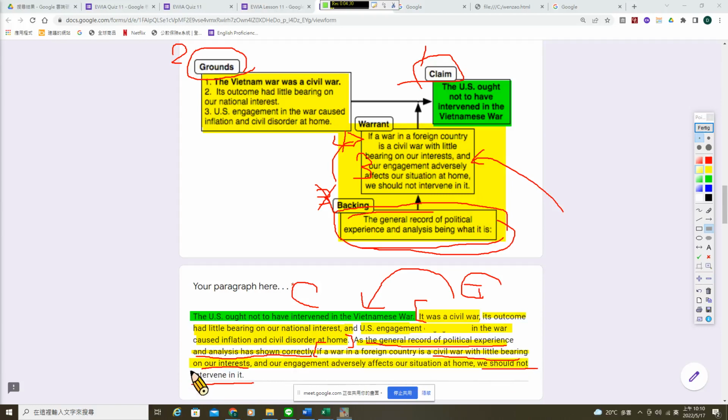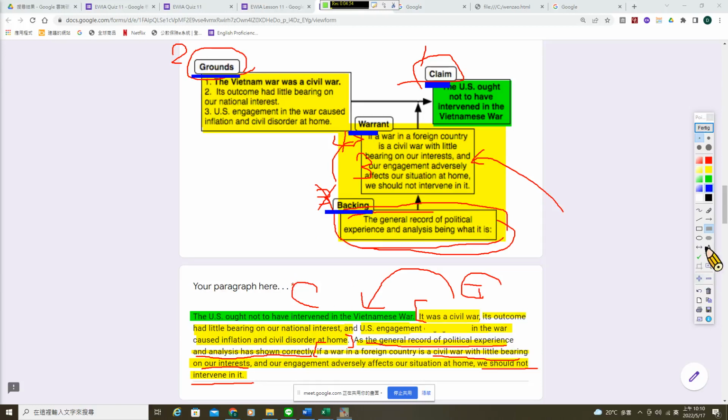So let's take a look. In this very tiny paragraph, the structure is still the same as the Toulmin model, just without rebuttal and qualifier. We start with the claim and follow with the grounds, supported by backing and the warrants.